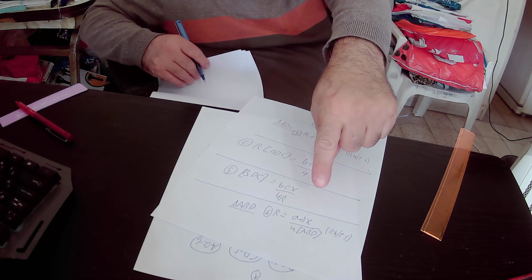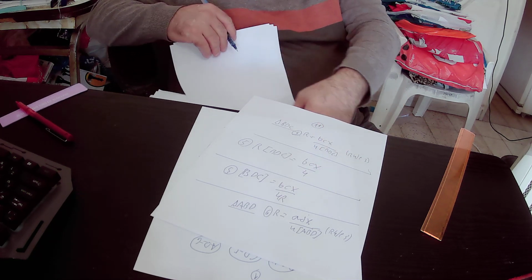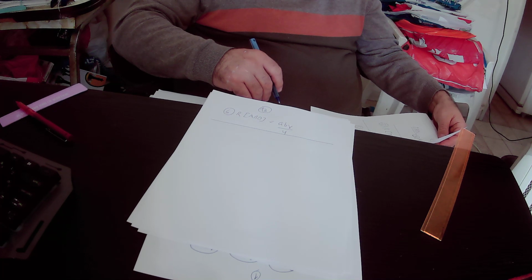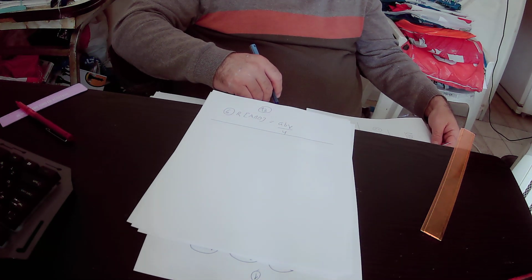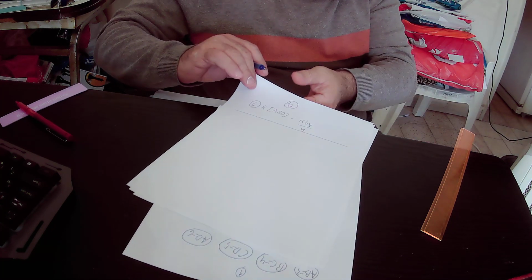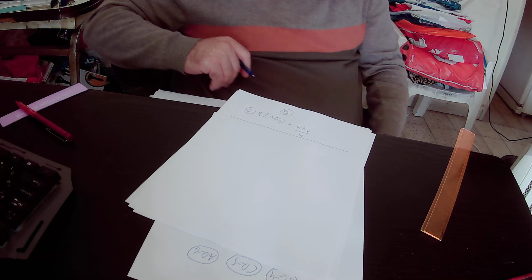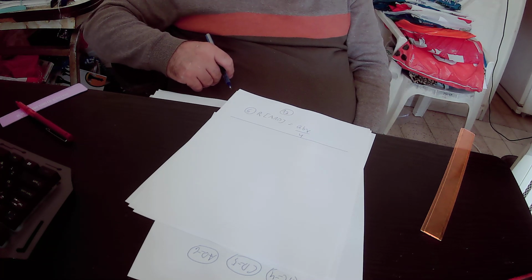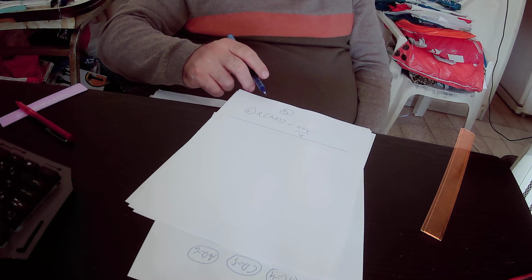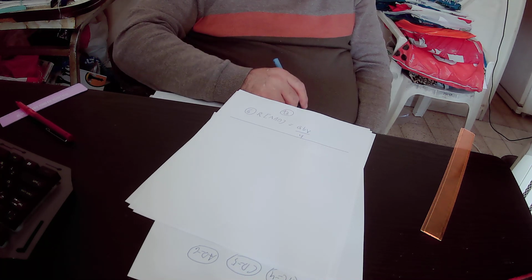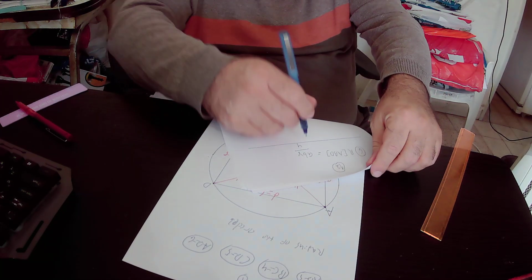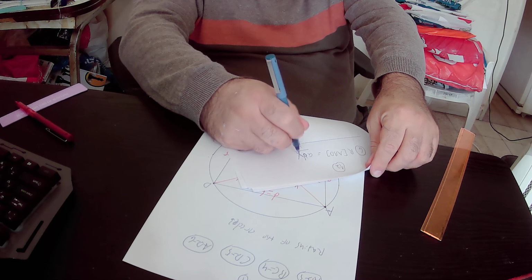So we multiplied equation number 6 by the area of triangle ABD, and we got that R times the area of triangle ABD equals ADX over 4.